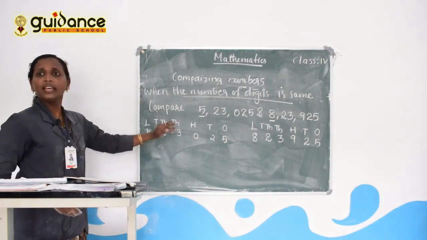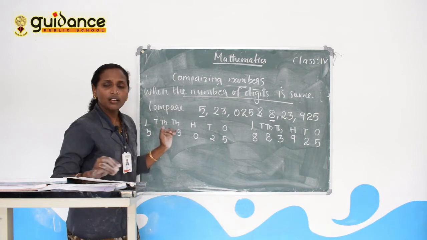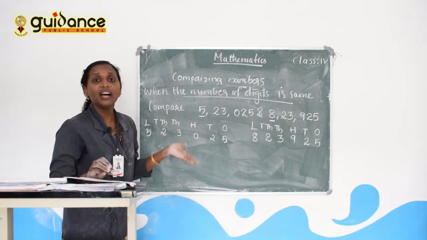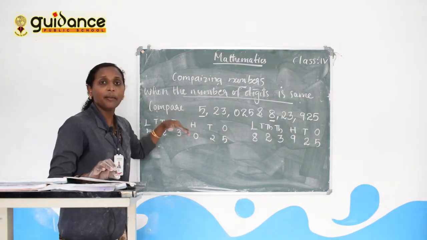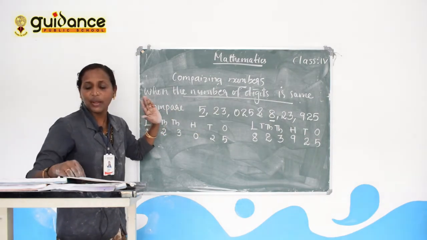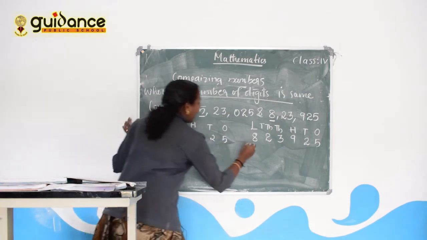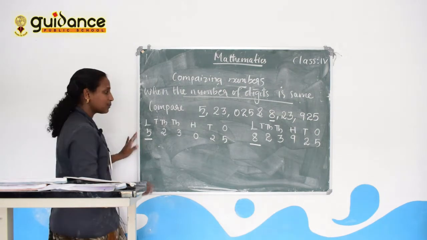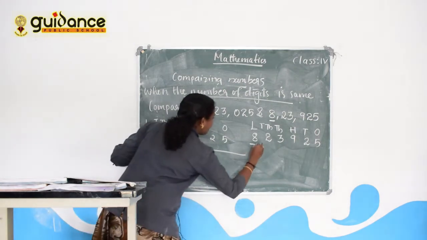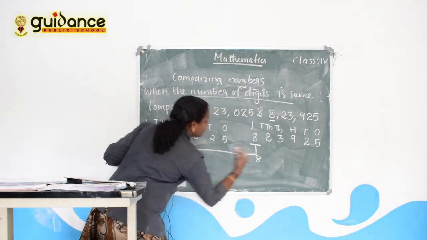So look at the place value chart. What I told: with numbers of equal digits, we compare each digit starting from the extreme left, which is the lakh place. That means we compare the lakh place, 5 and 8.